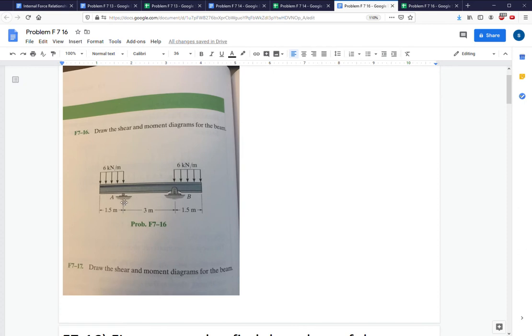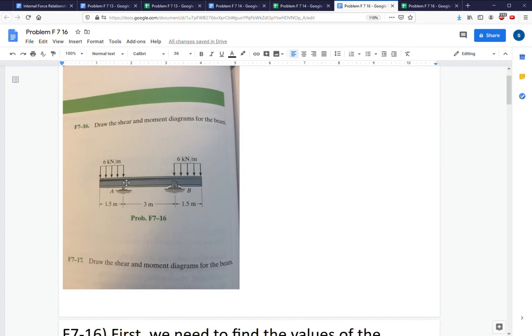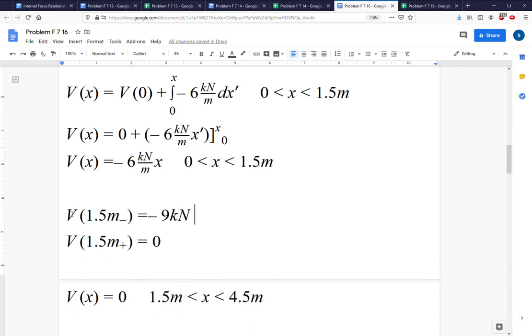So what we have just found is, in mathematical terms, the limit as x approaches 1.5 meters from the bottom, which I've indicated by writing it like this. V of 1.5 meters with a negative subscript, meaning that we're approaching 1.5 meters from below 1.5 meters. And that indeed is negative 9 kilonewtons.